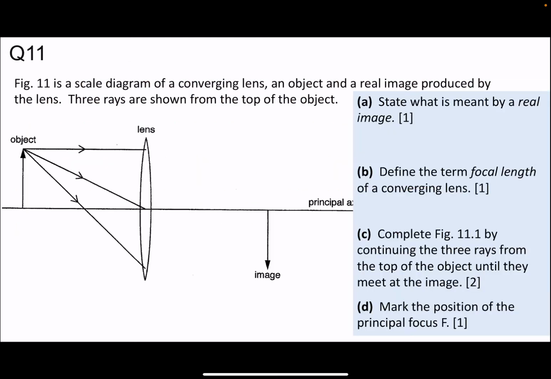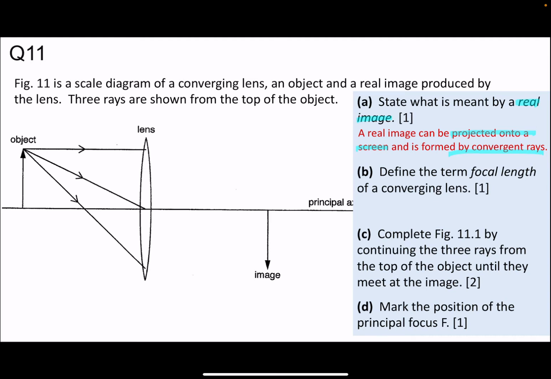Okay, figure 11 is a scaled diagram of a converging lens, an object and a real image produced by the lens. There are 3 light rays drawn from the top of the object. State what is meant by a real image. A real image can be projected onto a screen, and it is formed by converging rays.